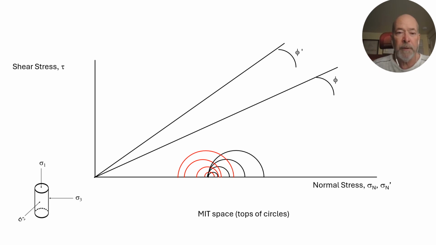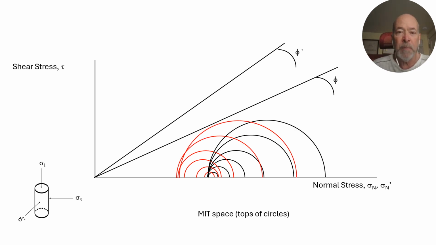The equivalent effective stress Mohr circle is just doing whatever it wants based on the pore pressure that's generated. So we keep loading until we hit the friction angle and the total stress is finished, and now the effective stress is finished.